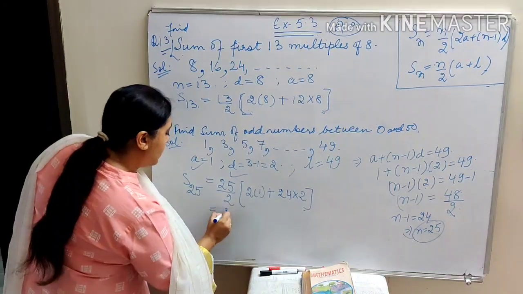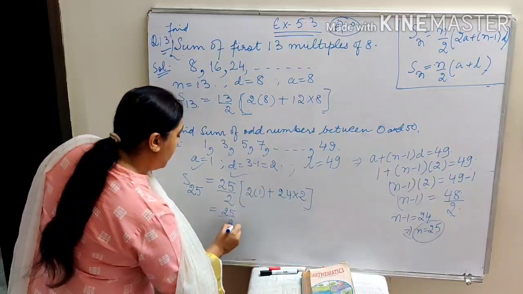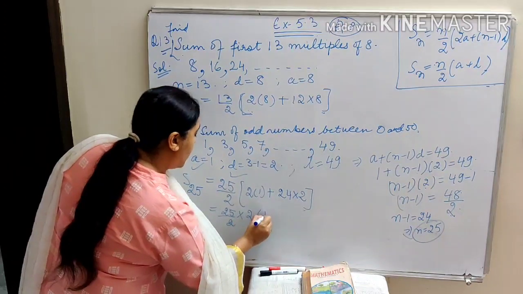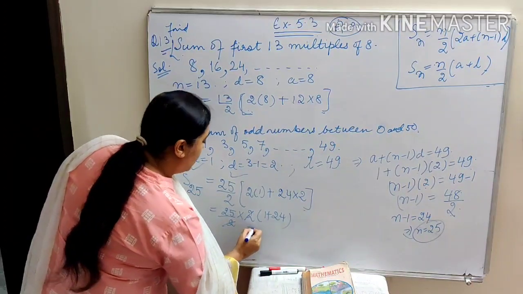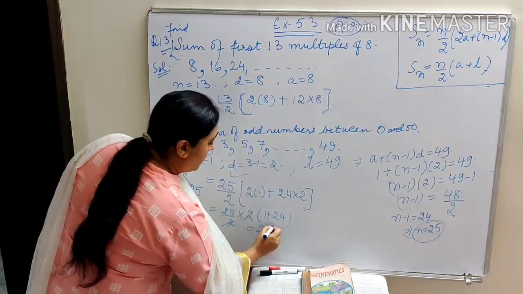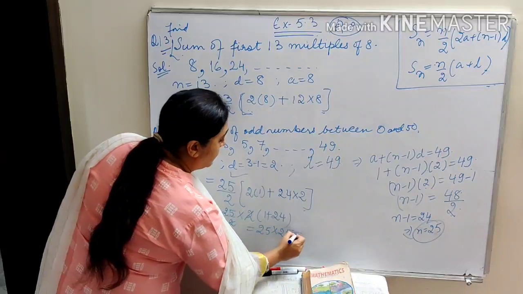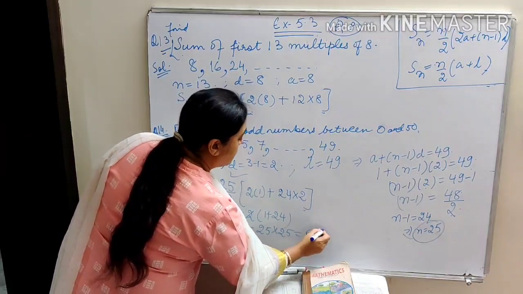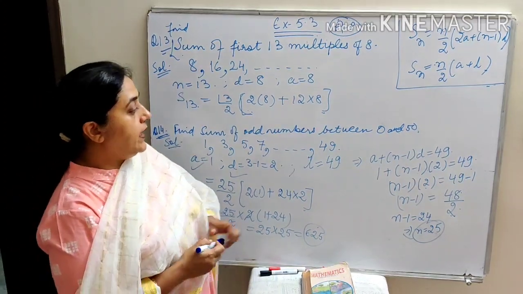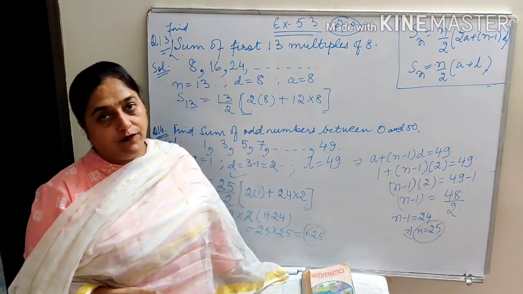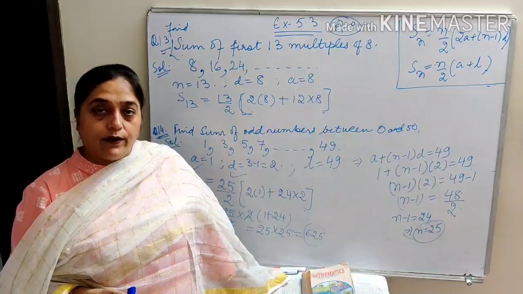So 25 upon 2, a 2 is common, 1 plus 24 remains inside, so 2 cancels with 2, and that is 25 into 25. That comes out to be 625. This is the sum of odd terms between 0 and 50. Got it? Now over to the next question.